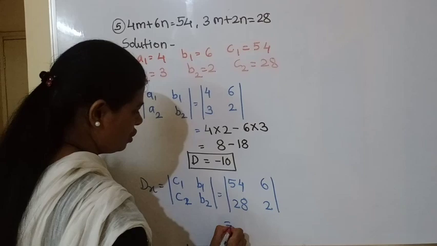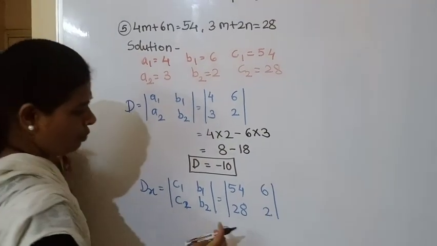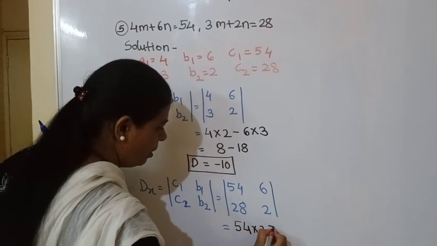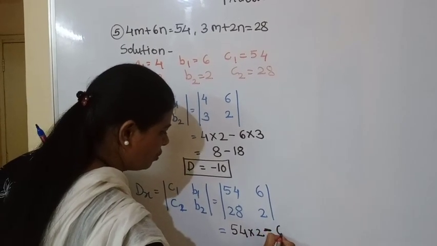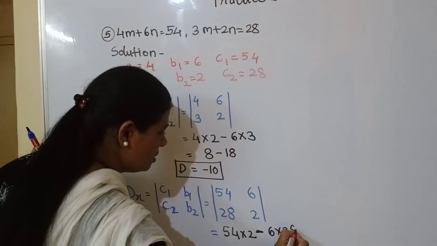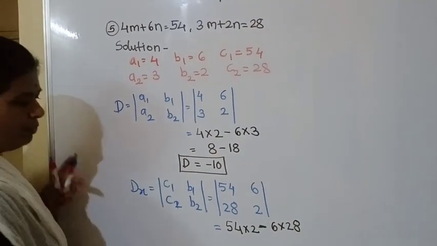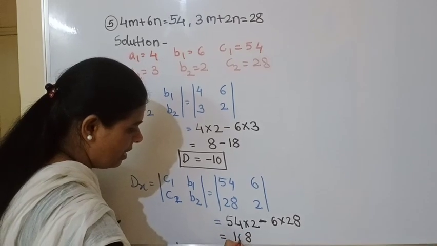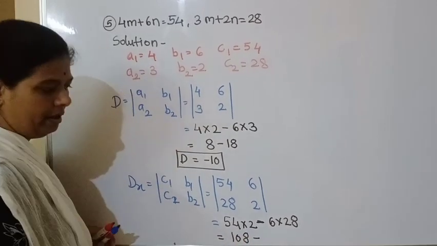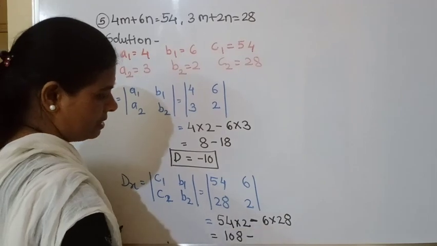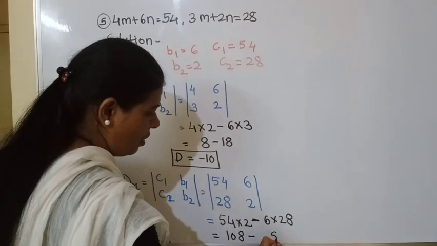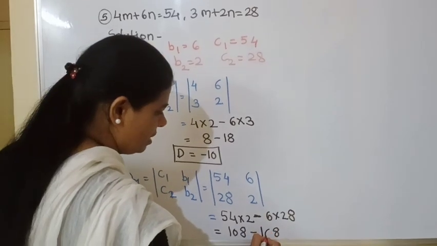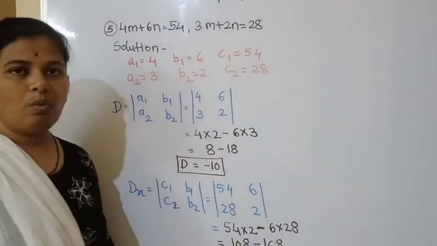Now we'll cross multiply them. 54 into 2 minus 6 into 28. 54 2s are: 2 4s are 8 and 2 5s are 10, that is 108. 28 multiplied by 6: 6 8s are 48, 4 carry. 6 2s are 12, 12 plus 4 is 16. So that will be 168.